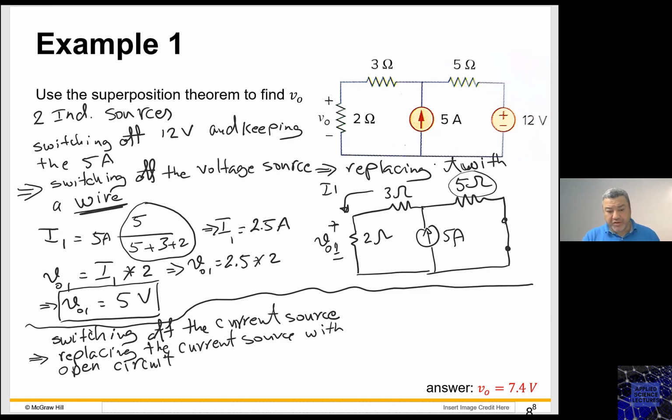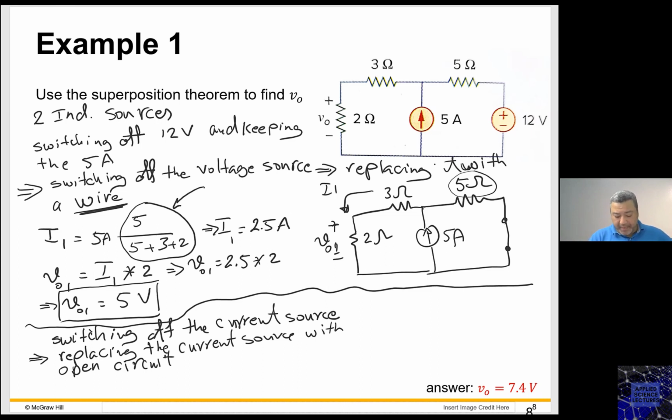So I have to redraw the circuit again. This is unitless. That's a ratio. Ohm divided by ohm, right? That's the ratio of the resistance of the other branch divided by the summation of the resistances in both the branches.